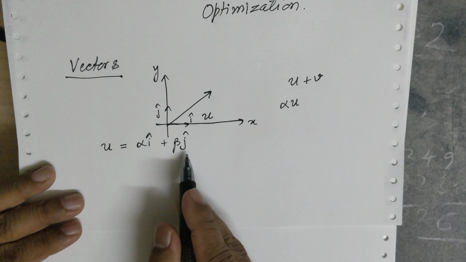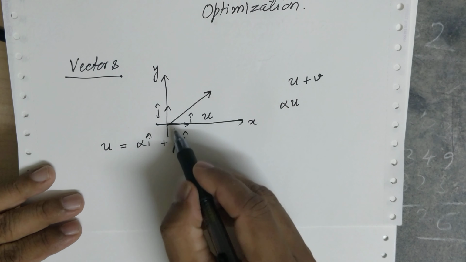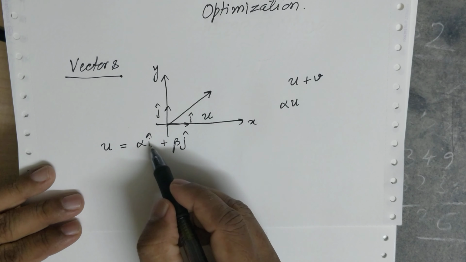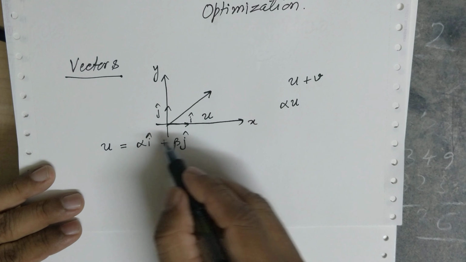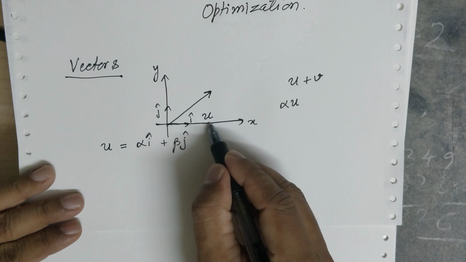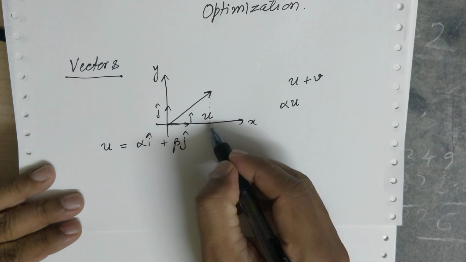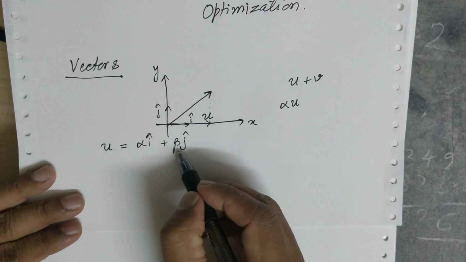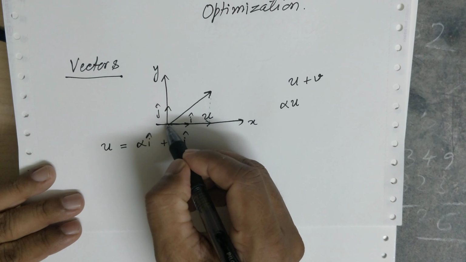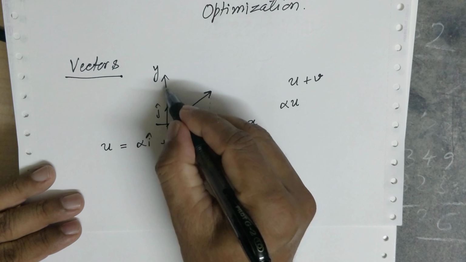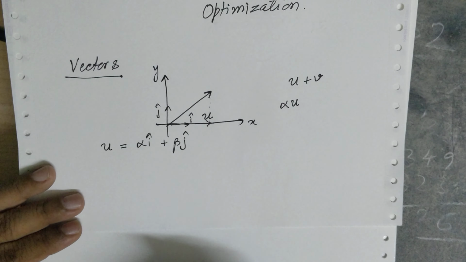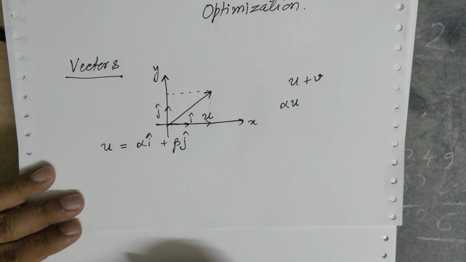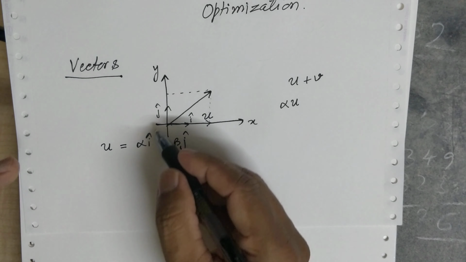So what is this saying? You take alpha times this, so you stretch the vector i by amount alpha. So this is alpha times i, and to that you're adding another vector which is beta times j, that is j stretched by an amount beta. So this is beta times j, and the addition of these two vectors is this vector.